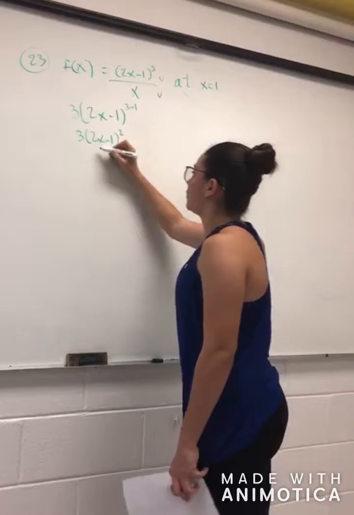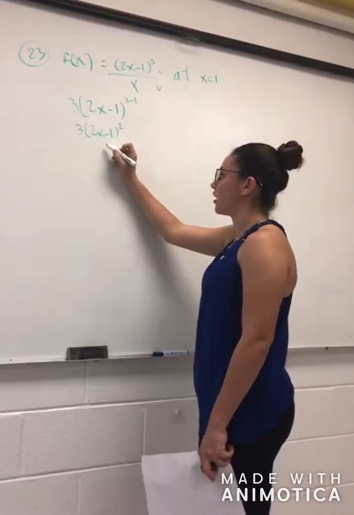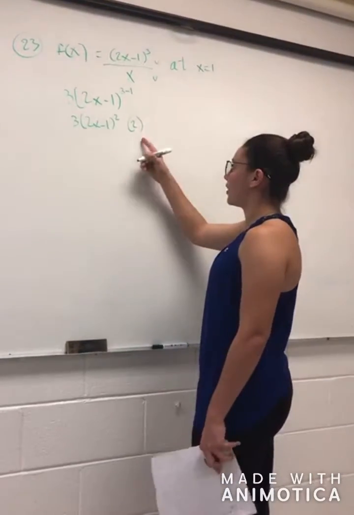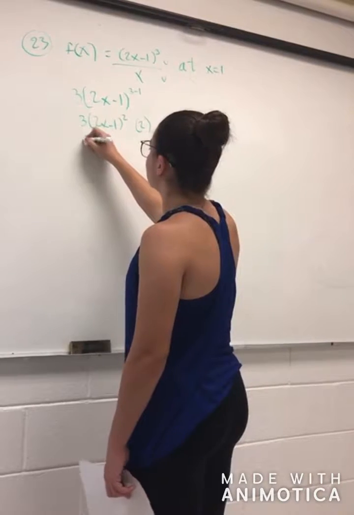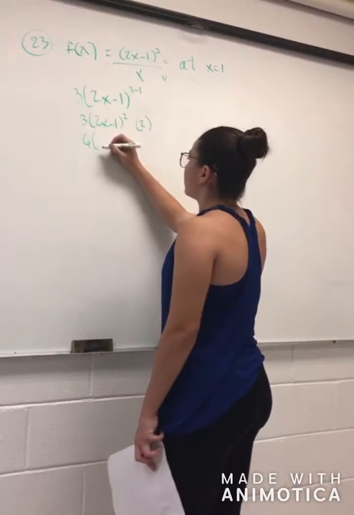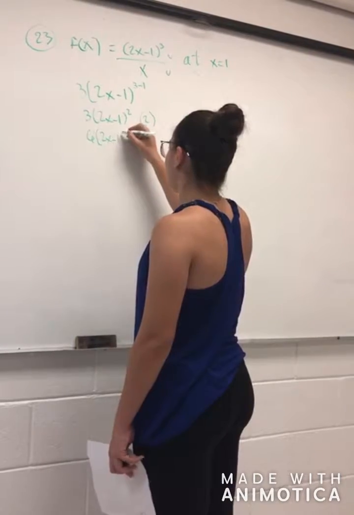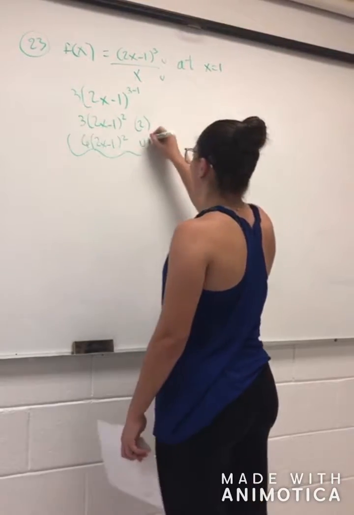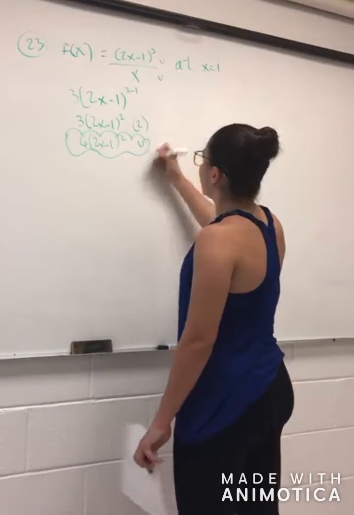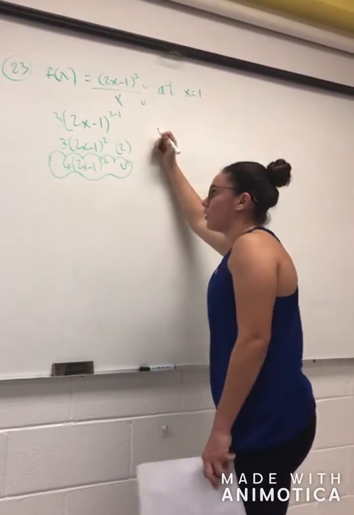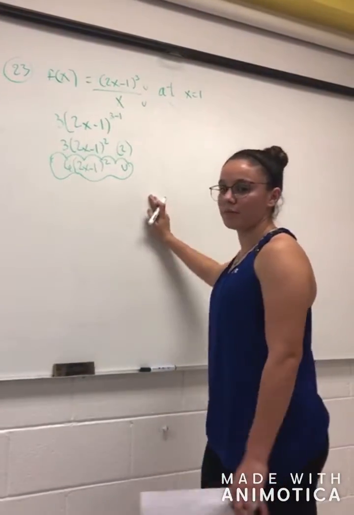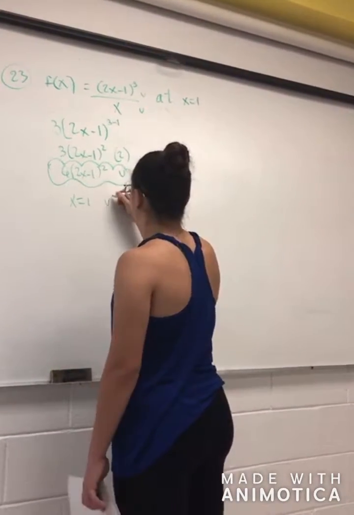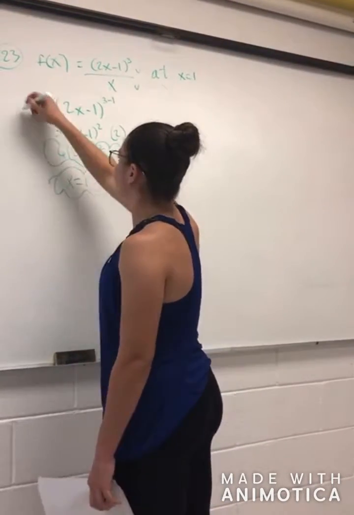But also we need to derive what is inside the parentheses, so it's 2. The next step, you need to multiply these two, so it's 6 times parentheses 2x minus 1 to the power of 2. This is the derivative of the u. And to derive the v, the x is alone with no numbers, so the derivative of x is 1. This is the first step.